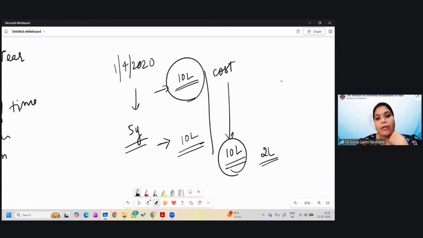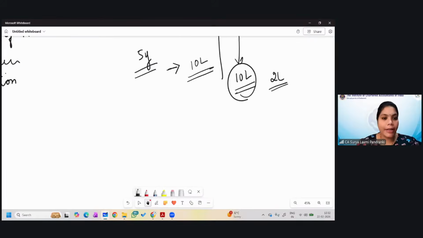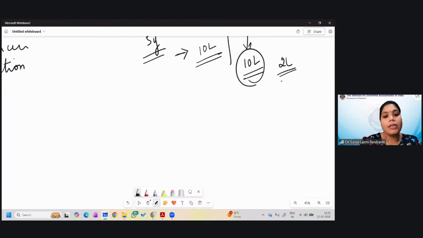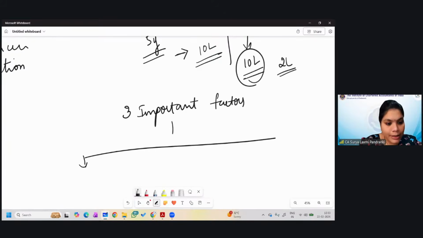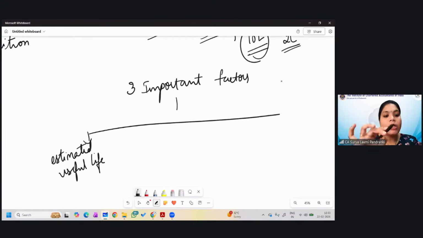How will you depreciate it? There are different ways of calculating depreciation, but again, there are three main important factors you have to consider for depreciation. One is the estimated useful life. I just talked about useful life, infinite, definite, and all those. So, what is useful life?